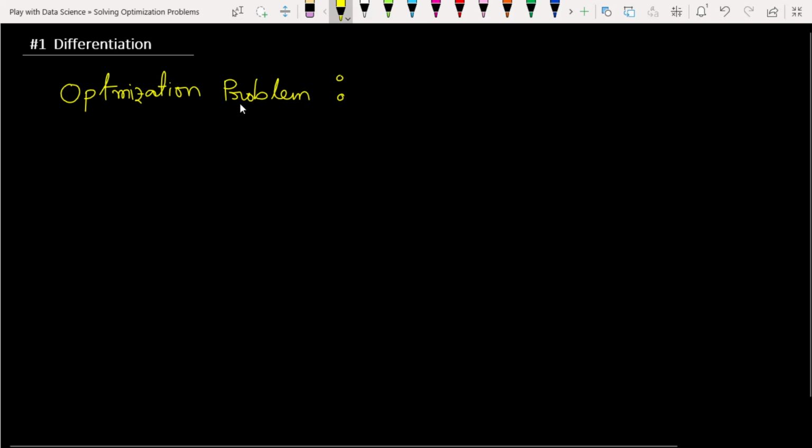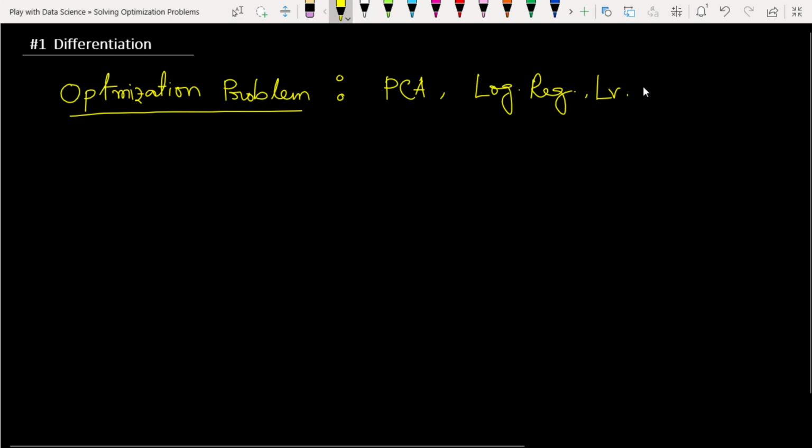We have seen that in every case, in every regression as well as classification, and also in the rest of the chapters, we will see that at the end of the day we have to solve an optimization problem. Like previously we saw PCA, logistic regression, linear regression.